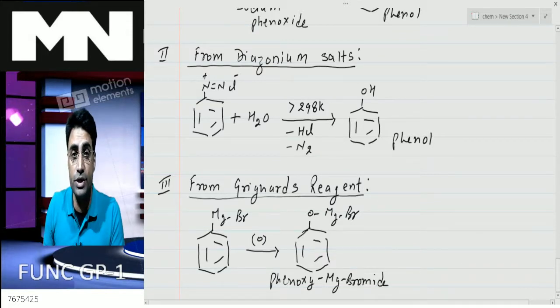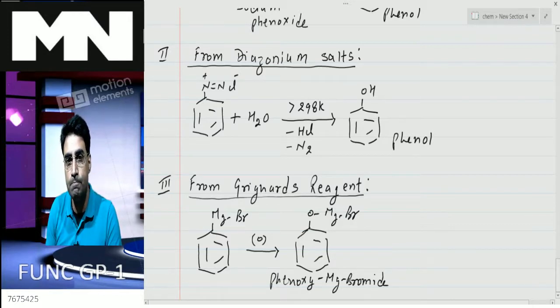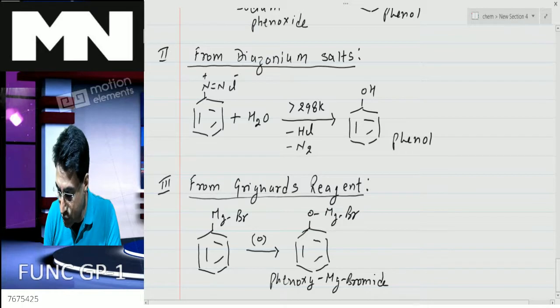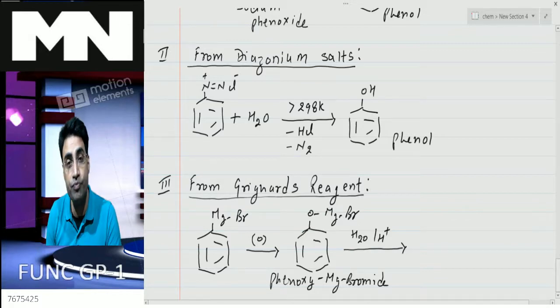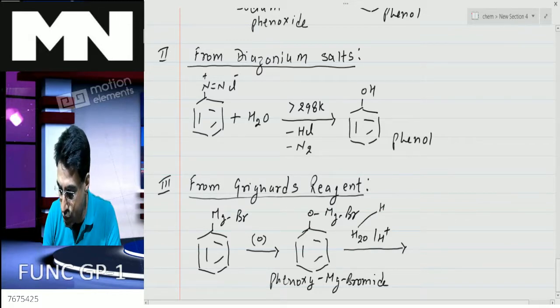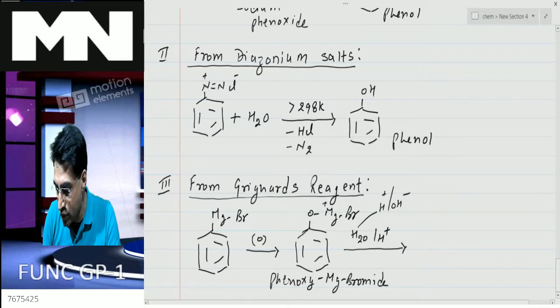Well, most of the reactions of Grignard's reagent are always followed by hydrolysis. So in this case also, we'll carry out hydrolysis with a dilute acid. So H2O in the presence of H positive. This H2O is going to break into two parts, that is H positive and OH negative. H positive will substitute Mg positive. So you'll end up with phenol.